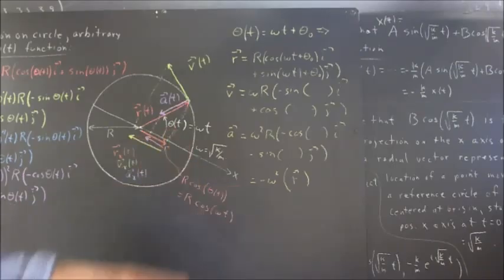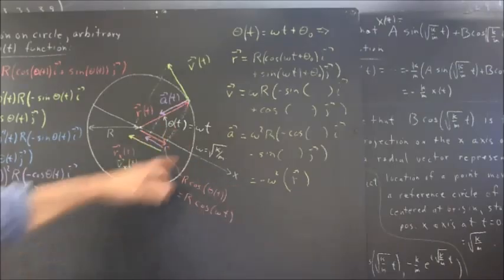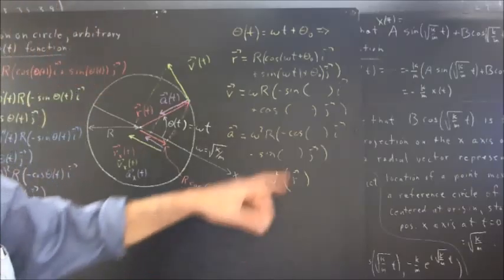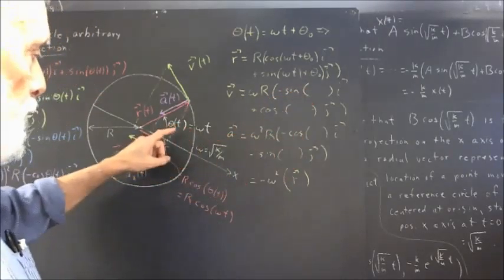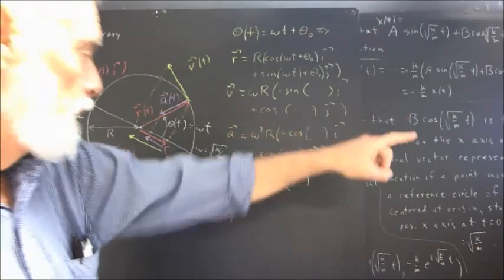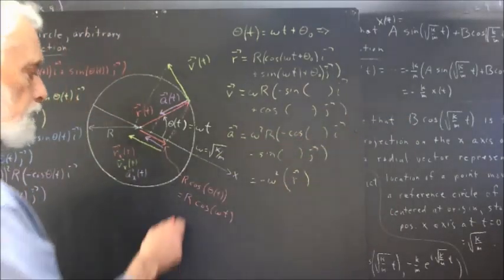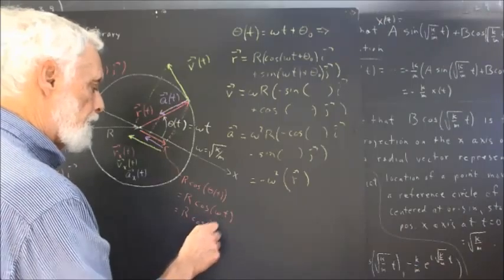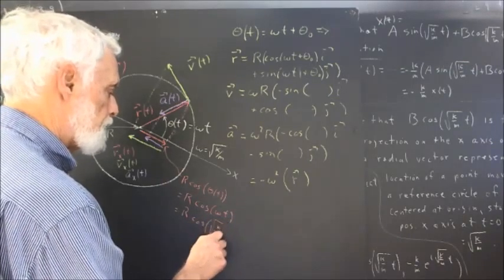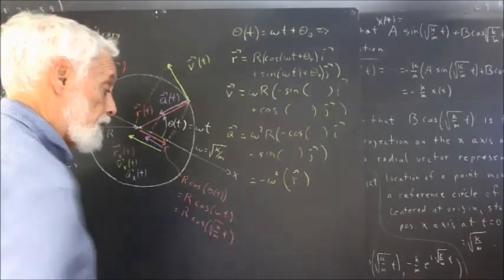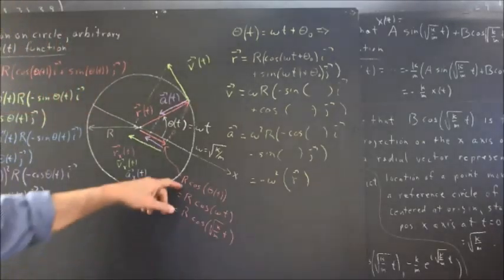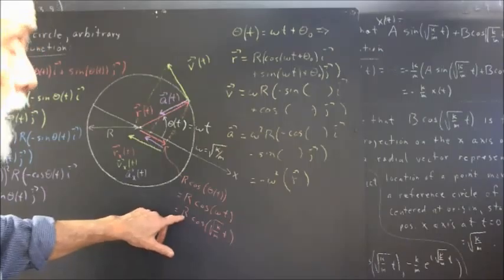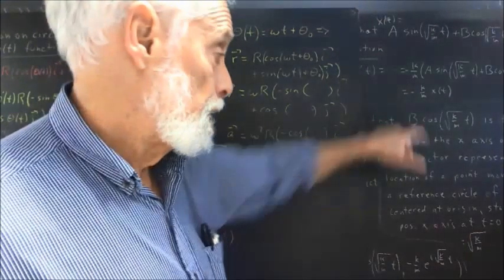Now, the condition we have here, omega is square root of k over m, so that theta of t is the square root of k over m times t. So we write that as r cosine of the square root of k over m times t. And of course now, if instead of r, the radius of the circle is b, this is going to match this.